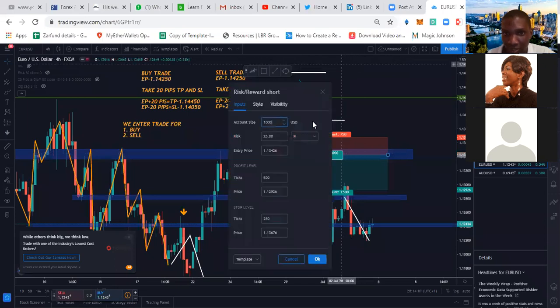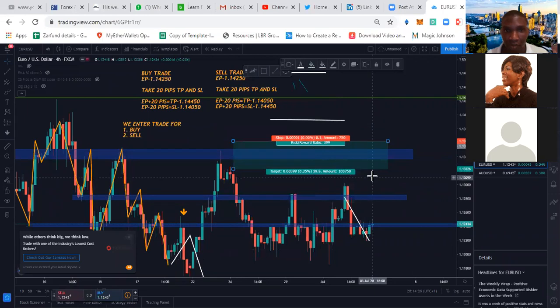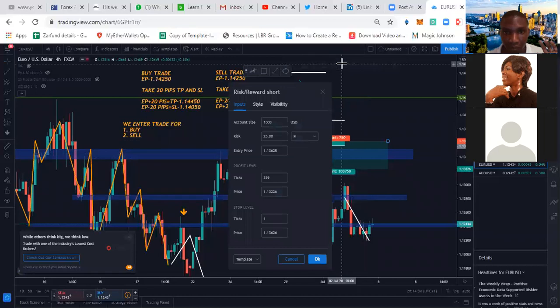You click on settings and tell TradingView whatever you want to put in. Say I want to put 20 pips. You turn this to 20 pips, 200, and this to 20 pips. Then you tell TradingView my entry price has to be 1.14250.